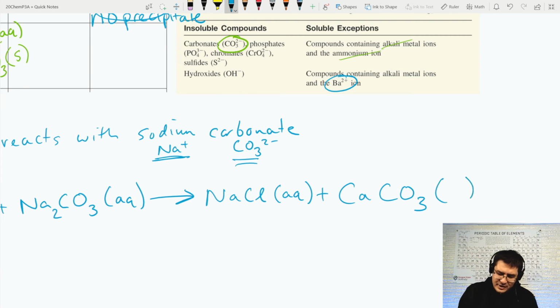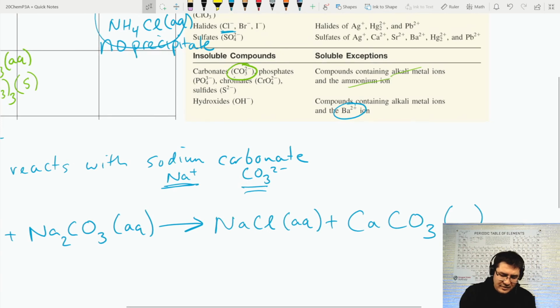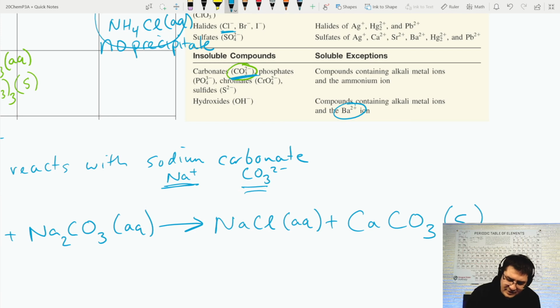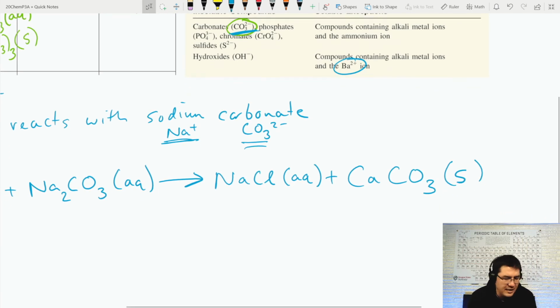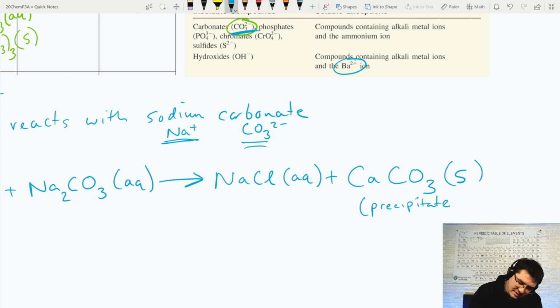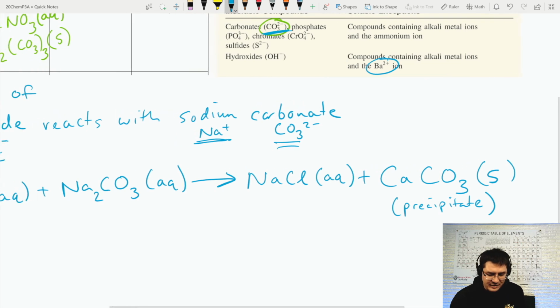And then you need to determine, is it soluble or insoluble? Well, in this case, there's carbonate, and it's partnered with calcium, which is an alkaline earth metal, not an alkali metal. So this one turns out to fall into the insoluble category. So I put solid. So this is known as our precipitate, based on our solubility rules.